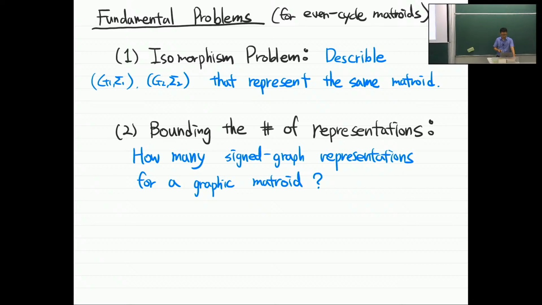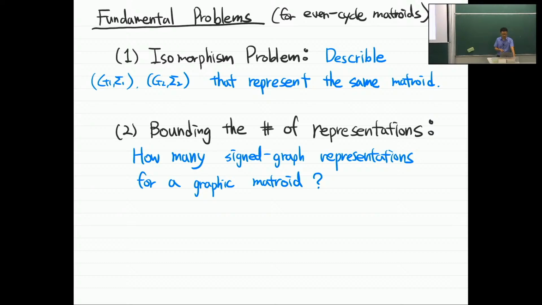Now we can consider the analogous problems. For the isomorphism problem, we want to know the relationship between two signed graphs, (G1, sigma 1) and (G2, sigma 2), that represent the same Evencycle matroid.